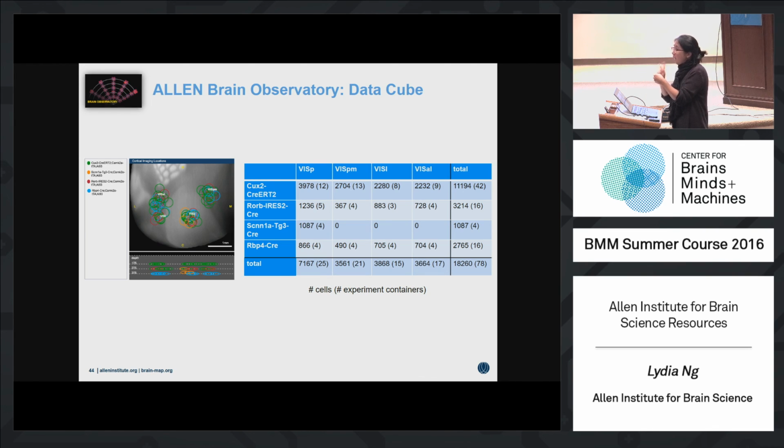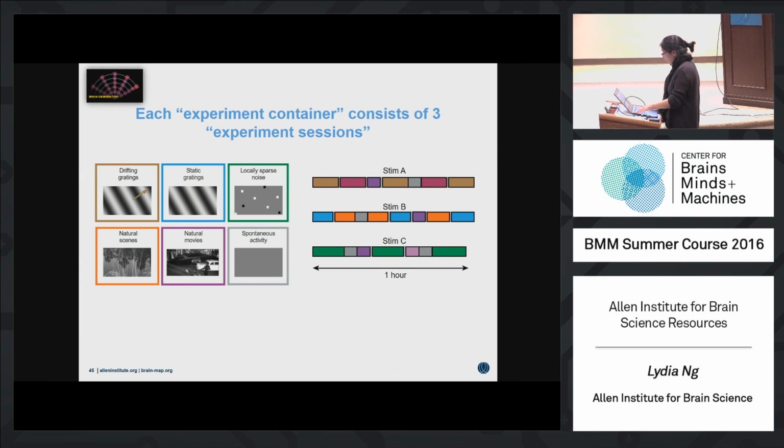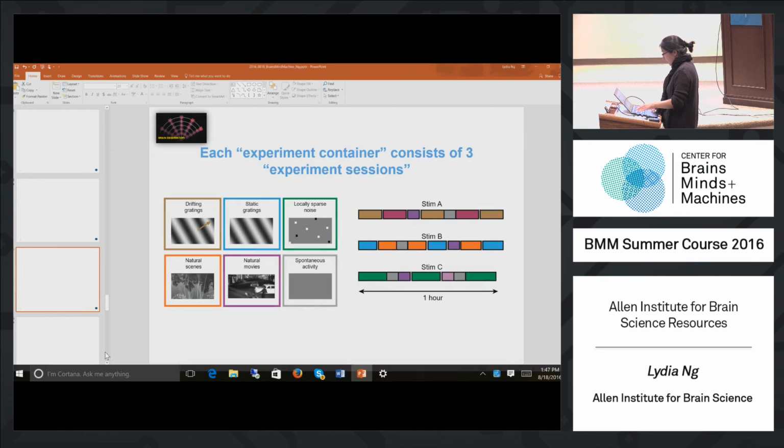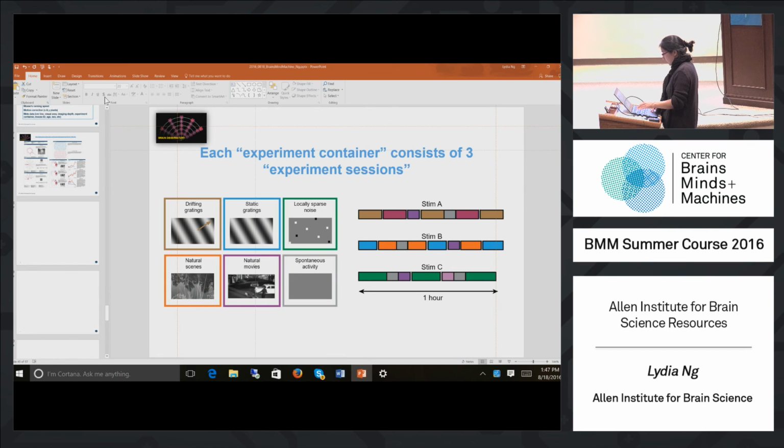It only goes out to the web if we have done all the sessions, because we need all the stimulus so that we can integrate and do our computation. And then in our database today, we roughly have 18,000 cells in which we have done some quantification to look at some of their characteristics.